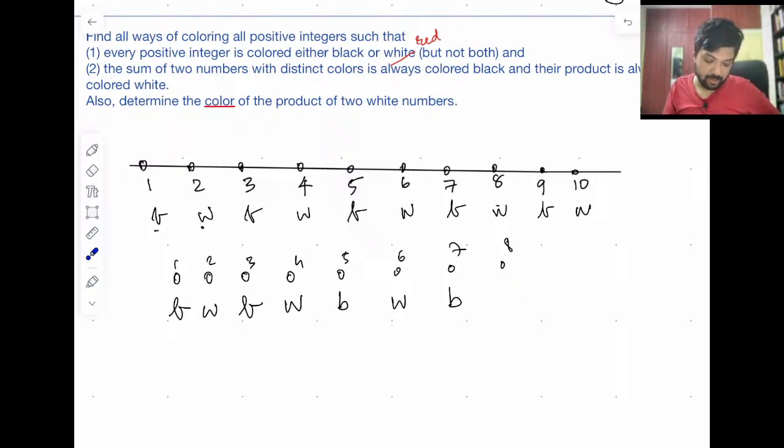5 plus 3. No contradiction. I can't tell what 8 is right now. Yeah, all white, all black works, Pradyum. 9, 10, 5 plus 4, this is black. 5 into 2 is white.